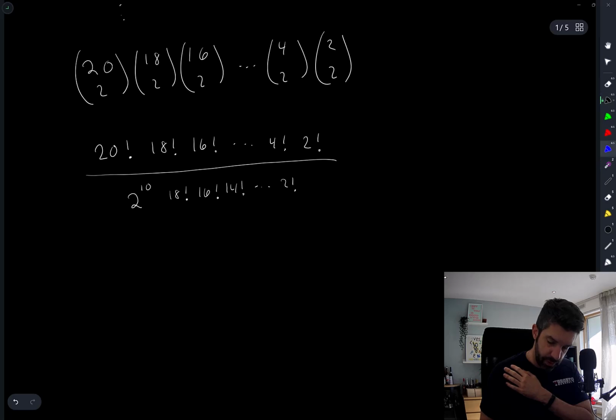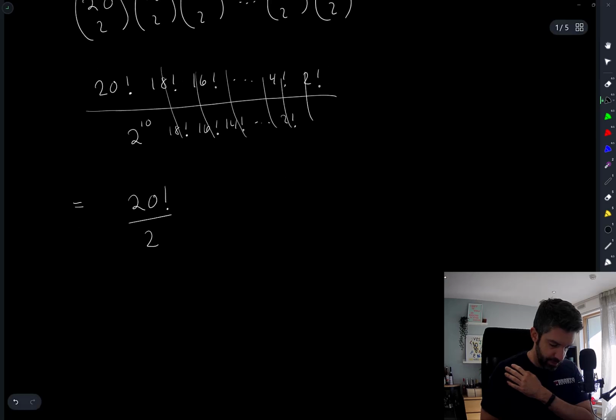So of course a lot of these are canceling out. So maybe the answer is not E. In fact, it appears to be A. Okay, so everything cancels, and we're just left with 20 factorial divided by 2 to the power of 10. And that's option A.